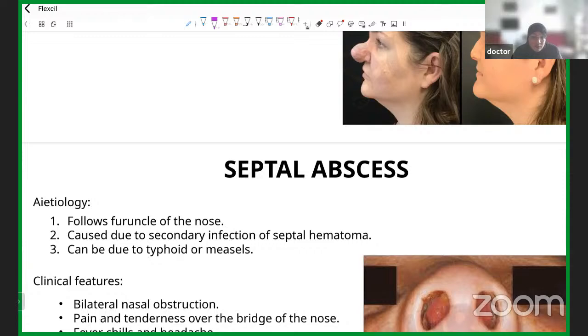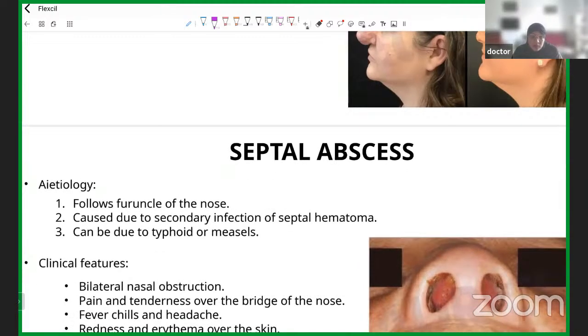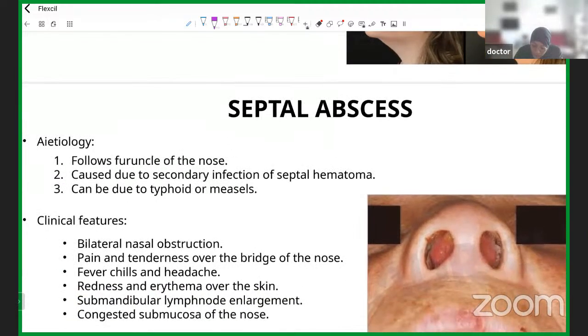So what is septal hematoma? Septal hematoma is a collection of blood under the perichondrium or periosteum of the nasal septum. So your nose, if you look at it from the inferior point, is triangular in shape, right? Now, if the blood starts collecting on both sides, it is a hematoma.